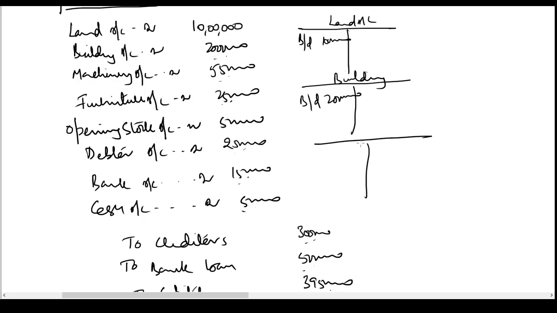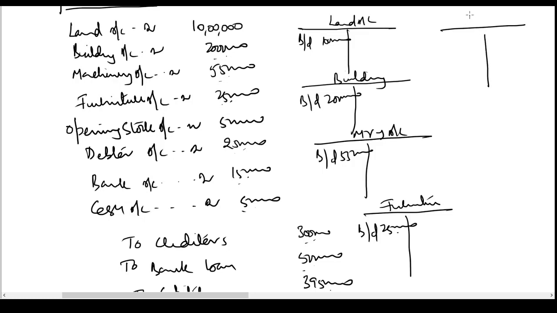We will open machinery account, we'll write brought down 5 lakh 50,000. We will open furniture account, we'll write brought down 2 lakh 50,000. We'll open opening stock account, simply write brought down 5 lakh. We'll open debtors account, write brought down 2 lakh 50,000.